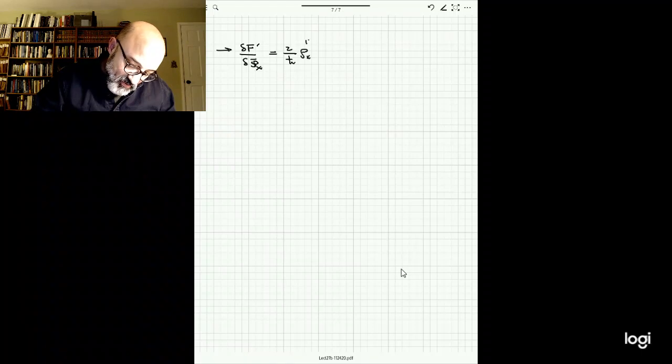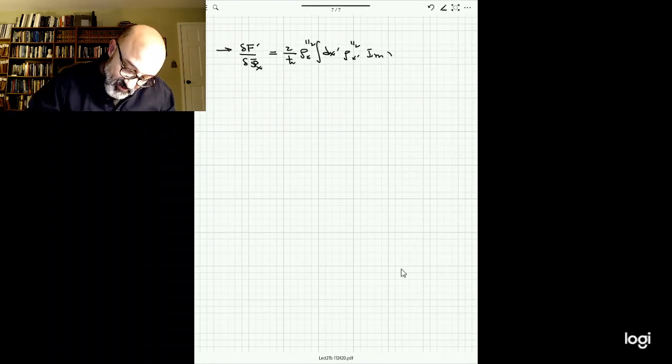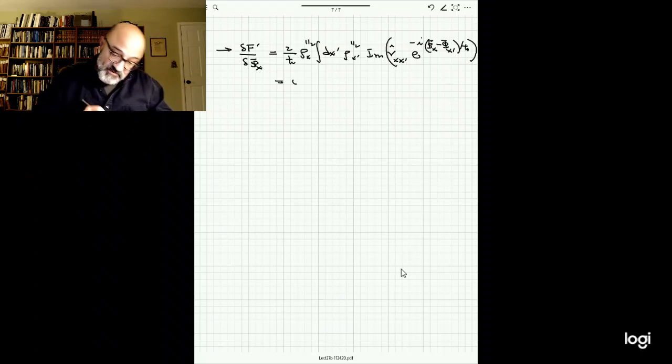Rho x 1/2, the integral dx prime, rho 1/2 x prime, and then here you're going to get the imaginary part of the kernel, and then here minus I, phi x minus phi x prime divided by h bar, and all this has to be equal to 0.